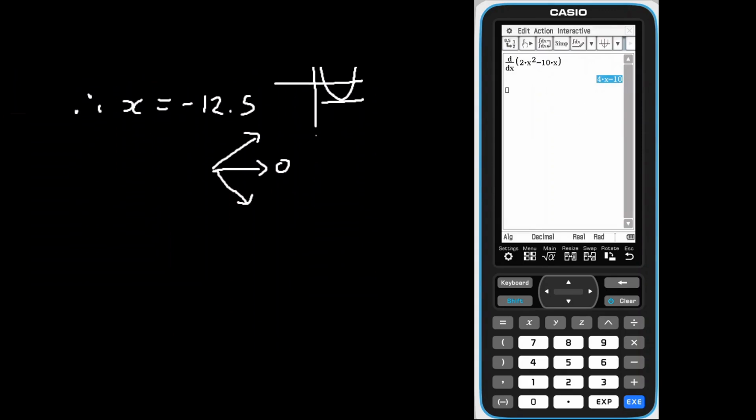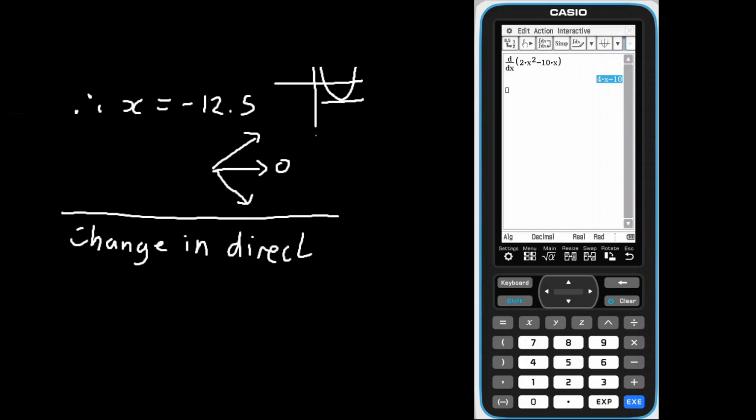So for our second method, we can say change in direction, and give it a little tick. We can say when that is equal to 0, and that is equal to, differentiating, 4t minus 10.